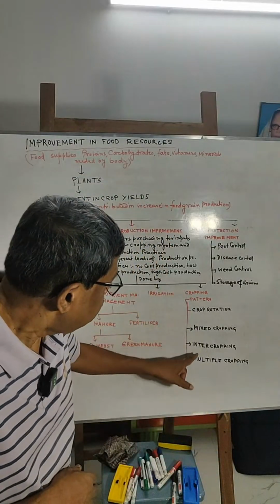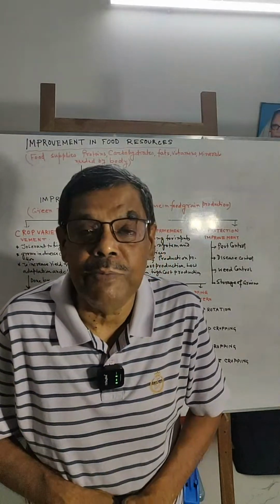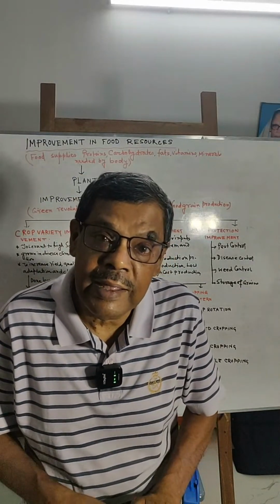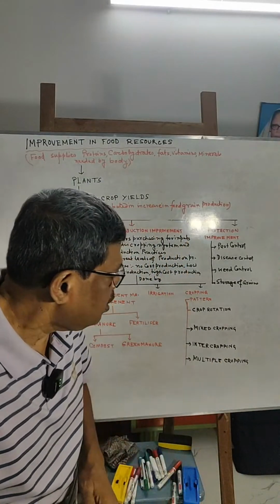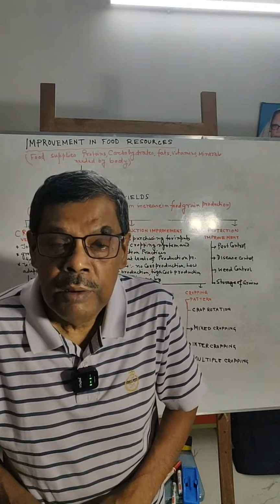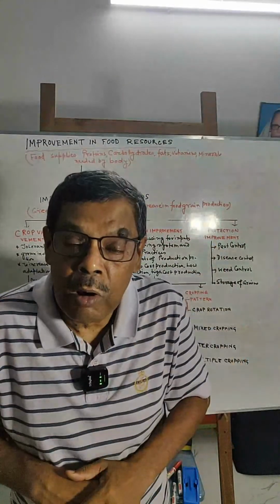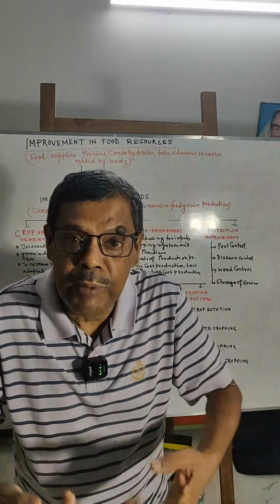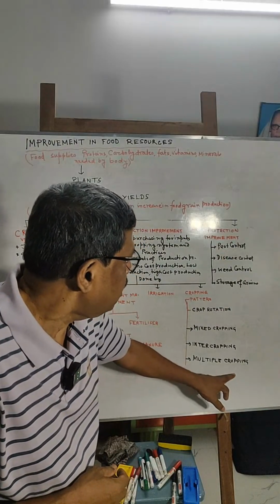Next, intercropping. Two or more types of crops are grown simultaneously in a definite pattern, which is called intercropping. Multiple cropping. More than two varieties of crops are grown in the same field, which is called multiple cropping.